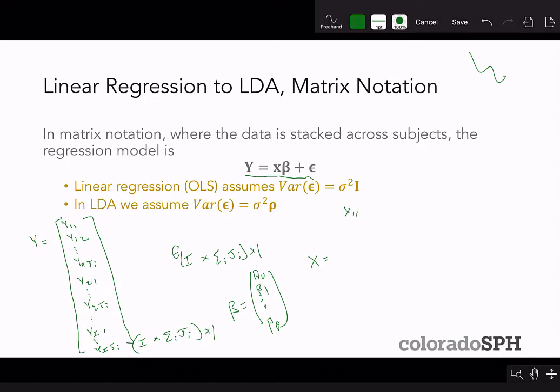for the first subject, you have the first x, and then the second covariate all the way up to the pth covariate. Sorry, the x value for the first subject at the first time point for the first covariate. So you have 3 indexing spots there. And then the second row is going to be the x value for the first subject for the second time point for the first covariate, for the second.